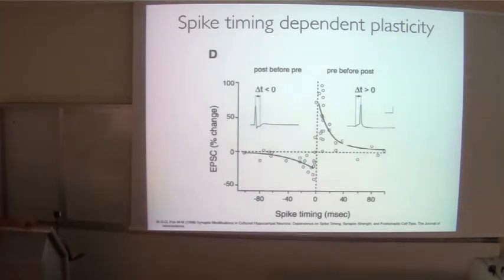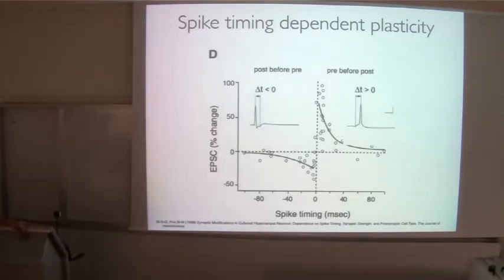You remember that last time when we talked about CA1 pyramidal neurons, we said that when you have a spike in the soma, the spike back propagates into the dendrites. In fact, I can tell you a personal story here.